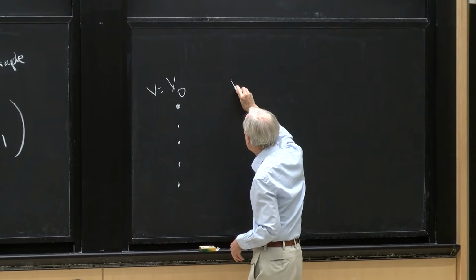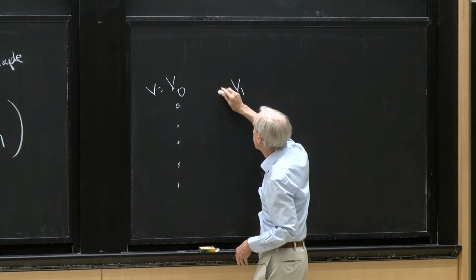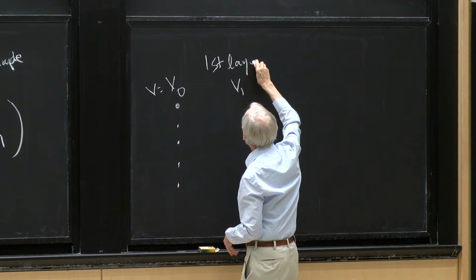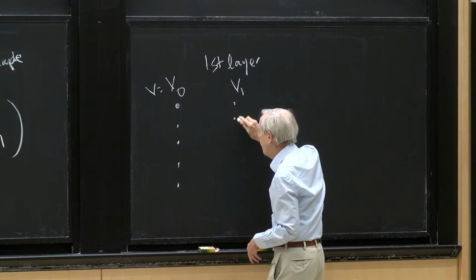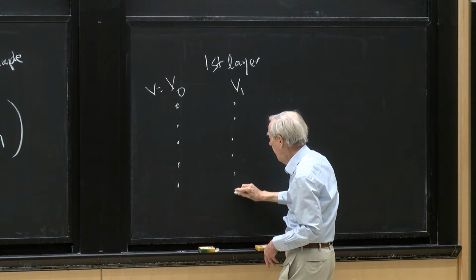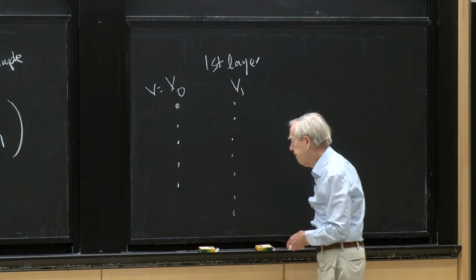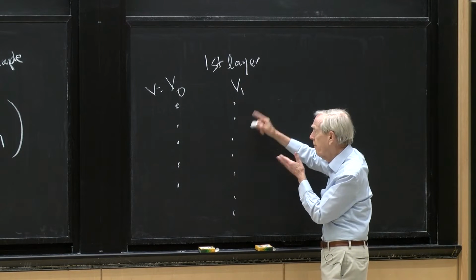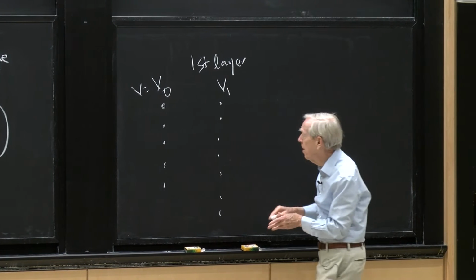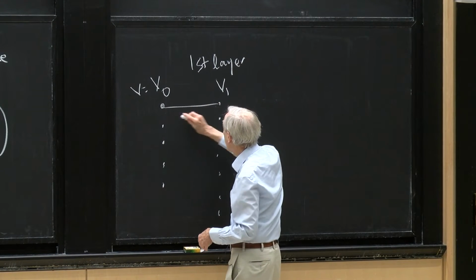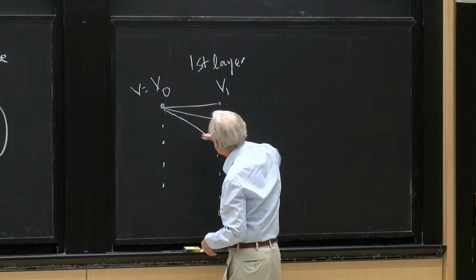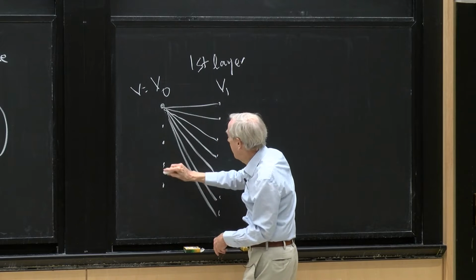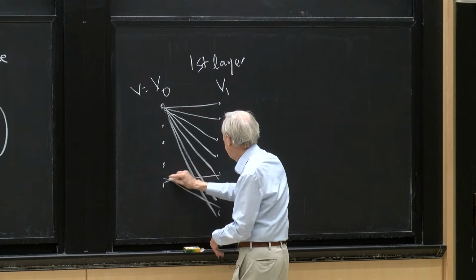Now here's going to be v1, the first hidden layer, and that can have a different number of components in the first layer, a different number of neurons, and then each one comes from the v's. I won't keep going here, but you see the picture.